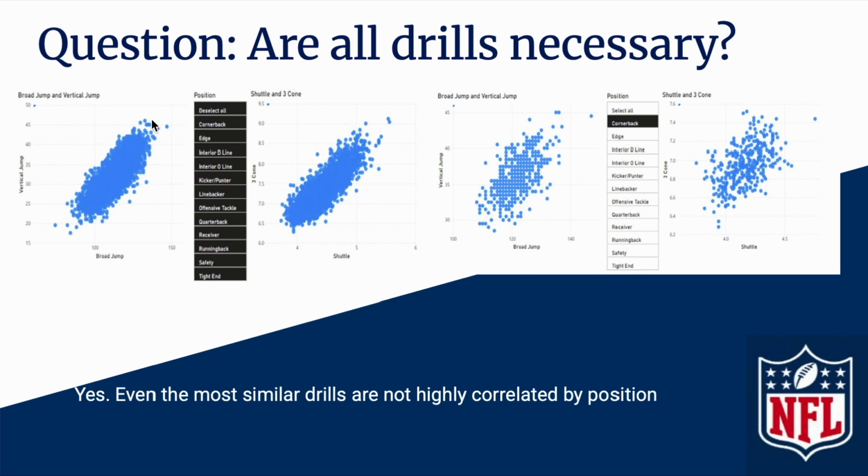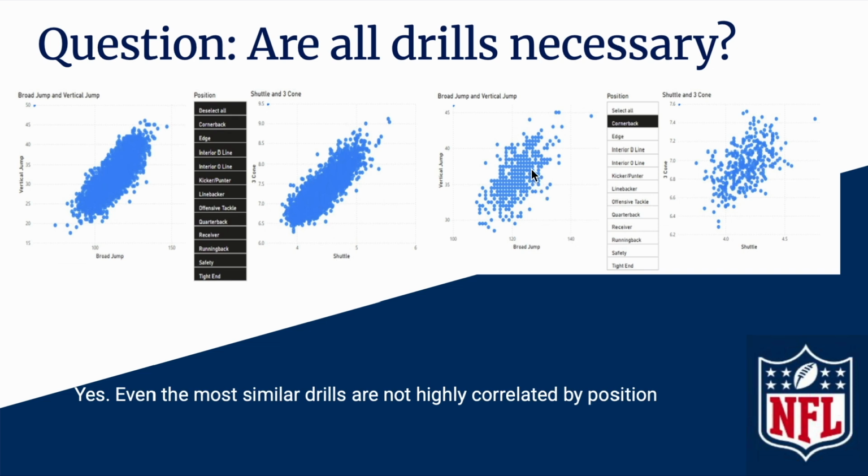So as you can see from these tables on the left with all the positions, it seems like if you can jump further, you can also jump higher, which makes sense. And you could predict someone's vertical jump from their broad jump fairly accurately from this, although not super well. But then if you look at individual positions, the relationship between these two variables is not as good.